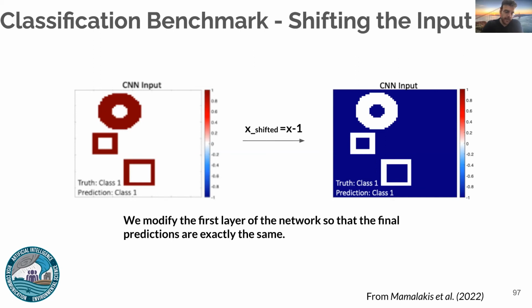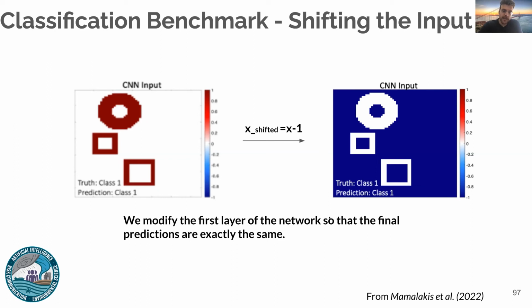So the pixels that belonged to the frames and had a value of 1 in the unshifted input now have a value of 0, as you can see on the right here, when we apply this shift of -1 to the entire input. So values that belong to frames right now have a 0 value, and all other pixels have a value of -1.